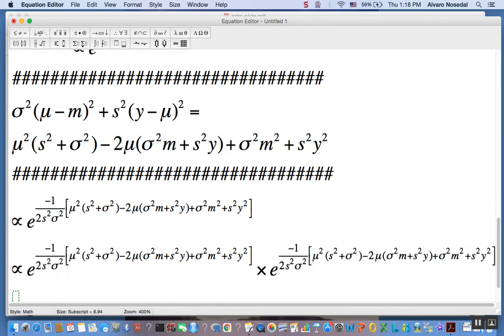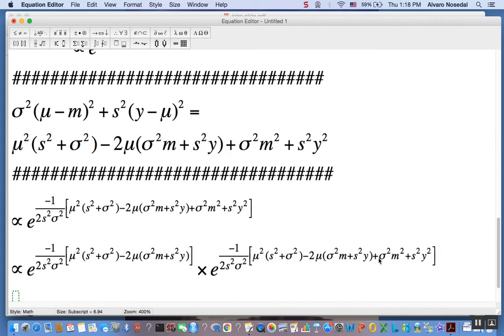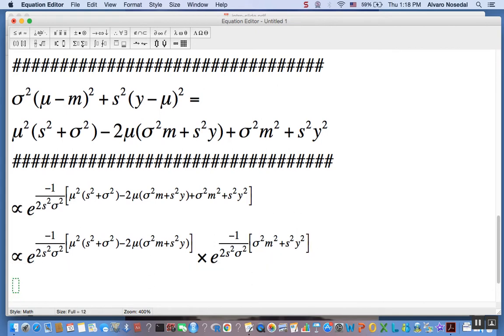We're going to incorporate that into the proportionality sign. So instead of having this here, we have the product of these two exponentials, right? You guys agree that that expression and that expression are equivalent, right? But as I pointed out, this last one here is just a constant. So let's absorb that one with the proportionality symbol.